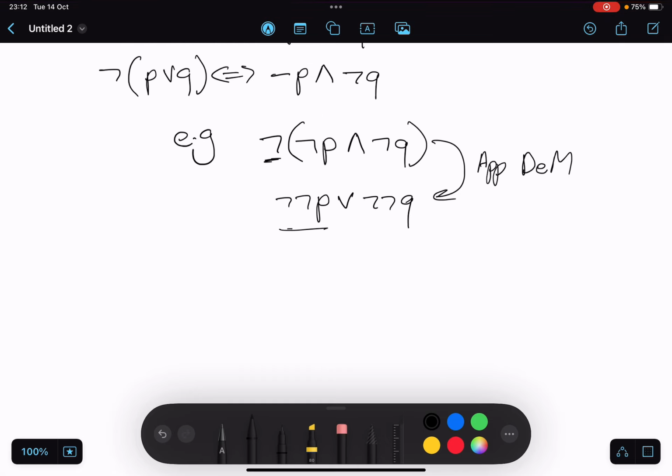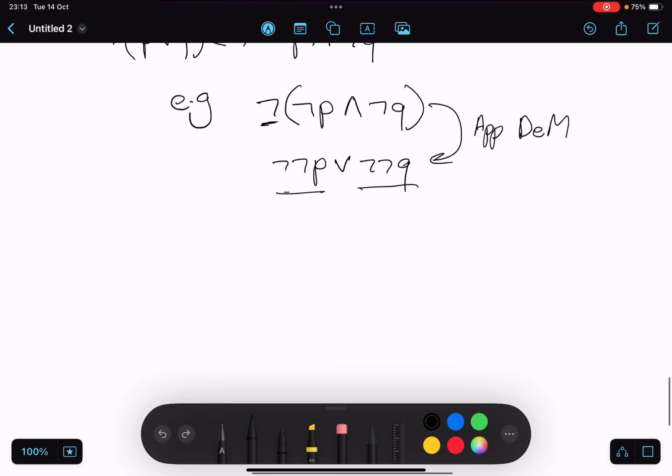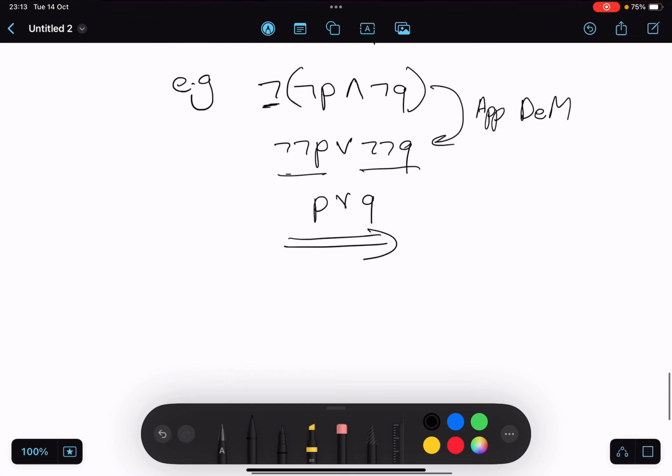At this point we need to apply double negation: the double negation of P is P, and the double negation of Q is Q. So this is the simplified version of the compound proposition that we are given.